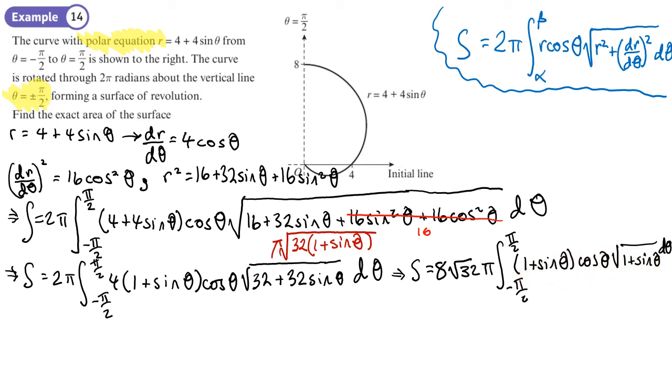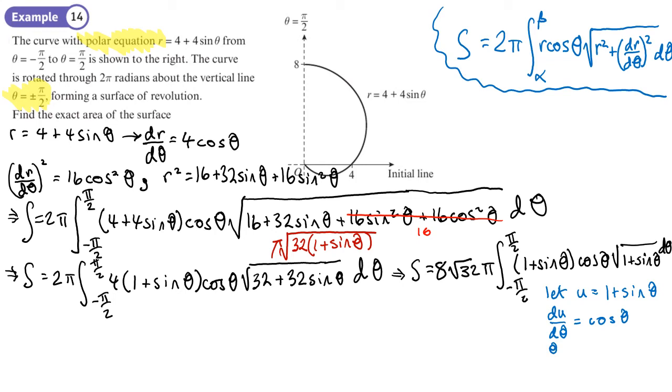Now I'm going to use substitution. I'm going to let u equal 1 plus sine theta, which means that du d theta is going to equal cos theta, and I'm going to change my limits as well. So I'm changing my theta limits to u limits.